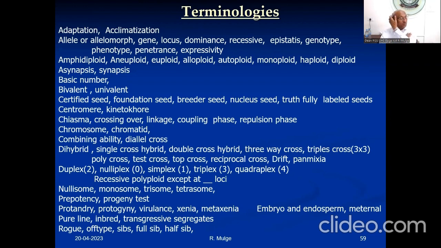Ideotype. What do you mean by this? A physiologically efficient model plant type. That means your imagination. A biological model of the plant, you can say, a plant frame that can exploit the available resources most efficiently to produce maximum biomass, hence maximum economic yield.